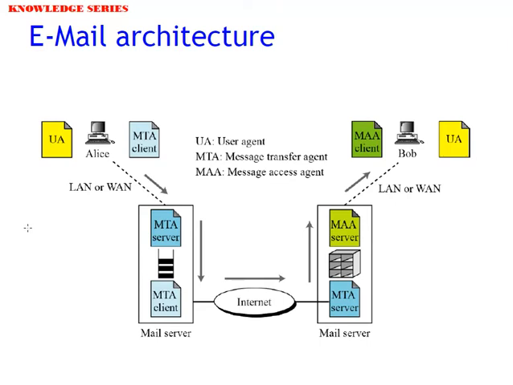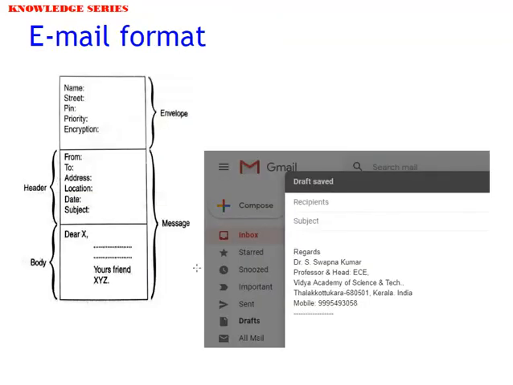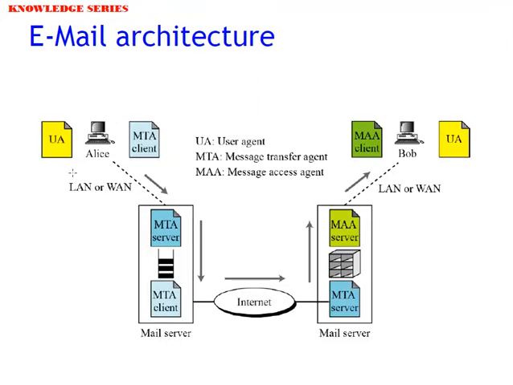That is what we have seen here: Alice first opens the browser, Google browser, goes to Gmail, and from the Gmail page clicks compose. Once compose opens, you create this message, and finally when you click send, the information is sent off. So this is what Alice invokes, the UA, user agent.